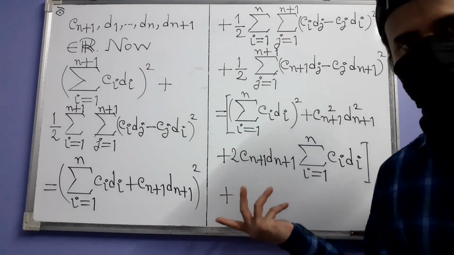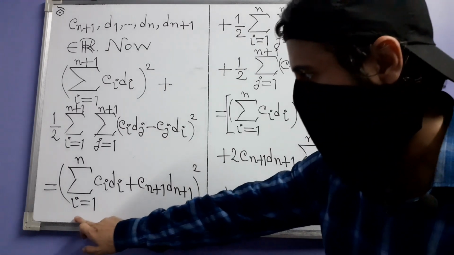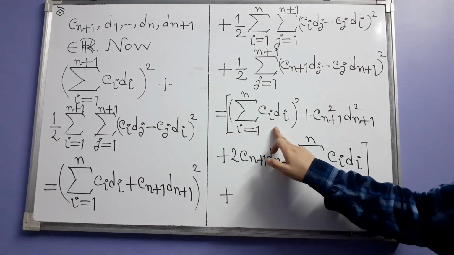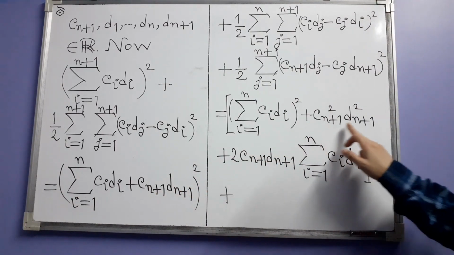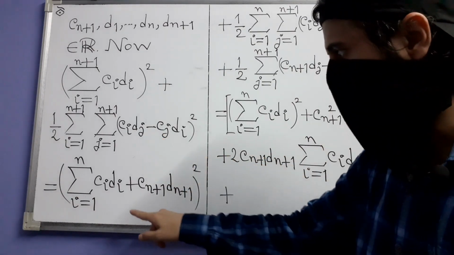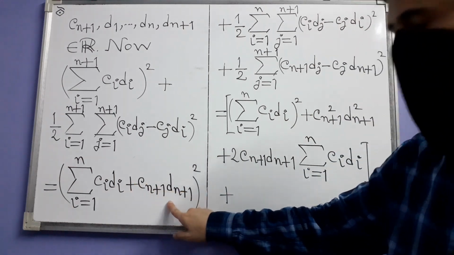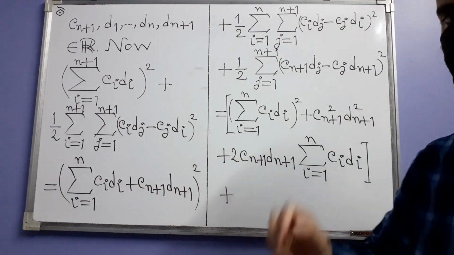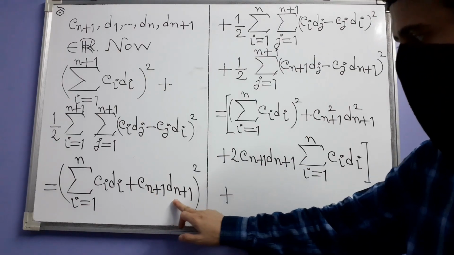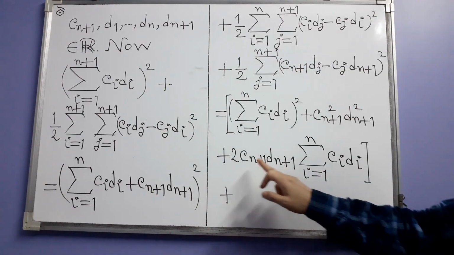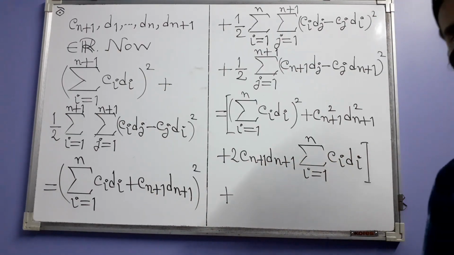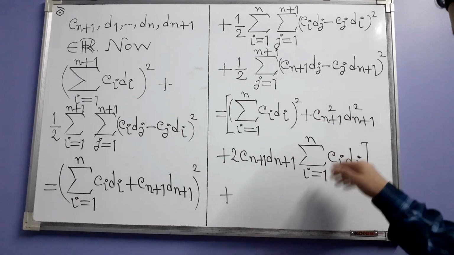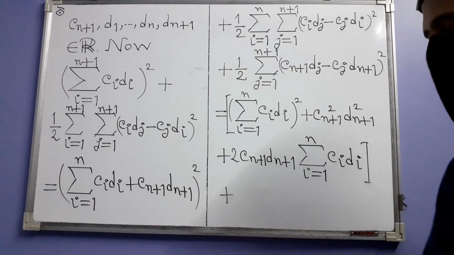So we expand the square first. This square plus this square plus 2 times this, which we write slightly differently. We write Cn+1 Dn+1 first, and then we write this sum. So that way we don't have to use another set of brackets.